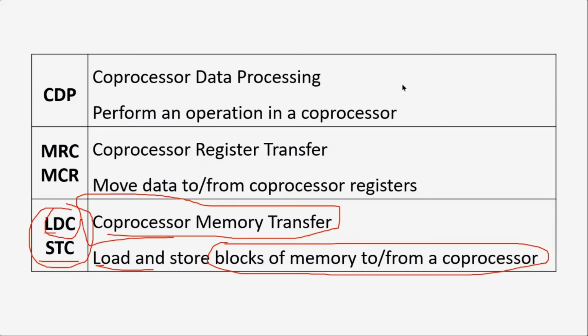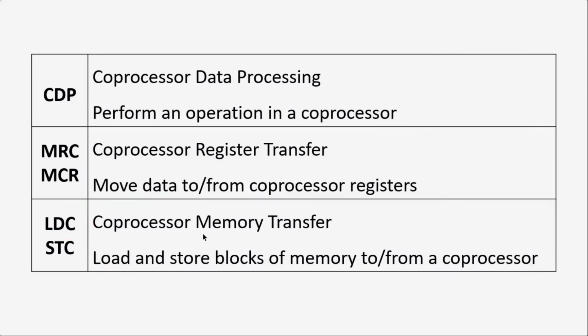I'm not talking about registers. I'm transferring a block of memory to the coprocessor, that is called store. Loading means copying a block of memory from the coprocessor. And store means from the main processor we are copying a block of memory to the coprocessor.